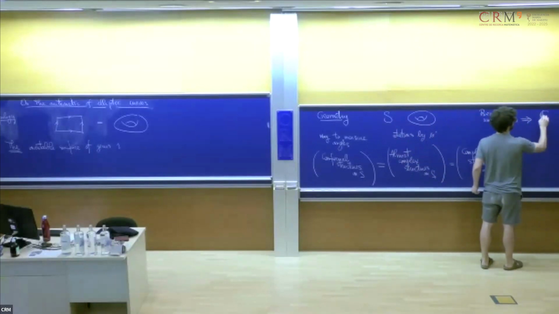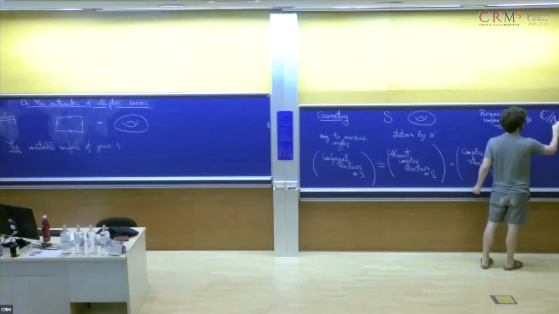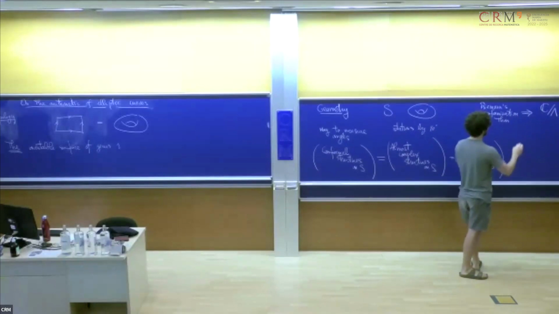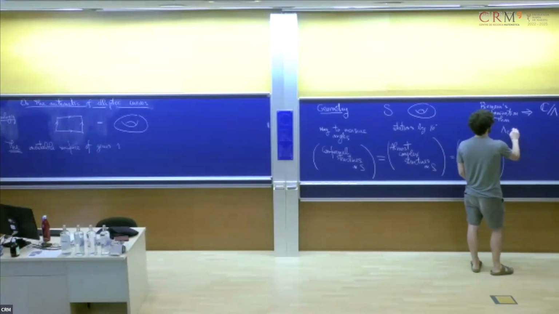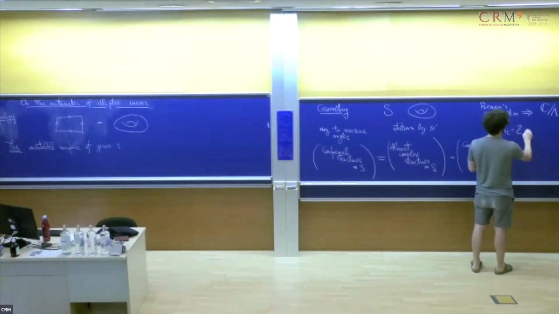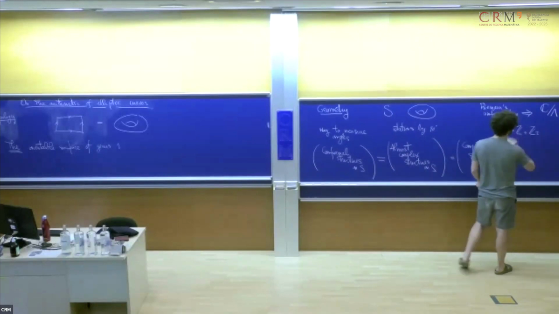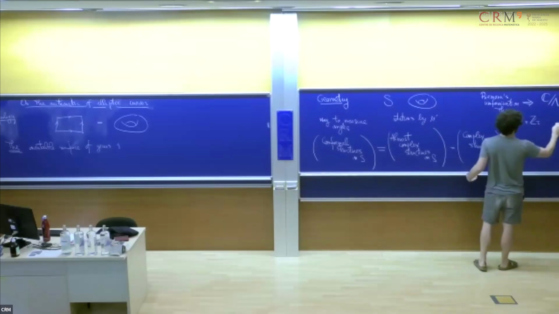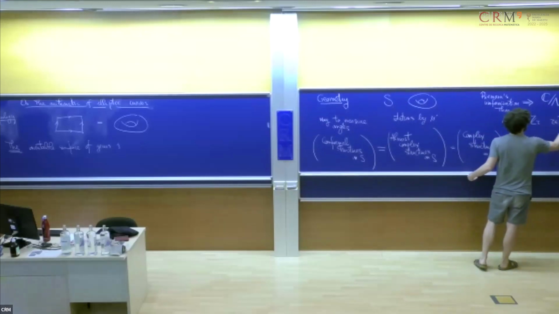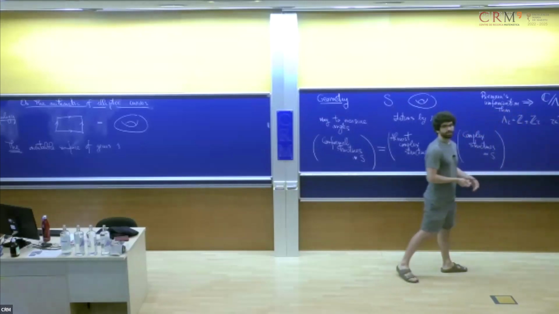We take the complex numbers and we mod out by a lattice, which will depend on tau. So Lambda tau will be our lattice given by the integers plus Z tau. I will soon draw a picture, and this tau is a complex number with positive imaginary part.